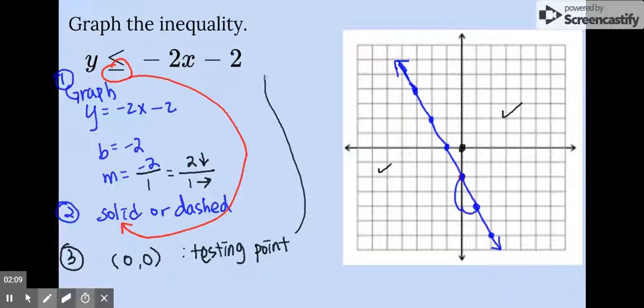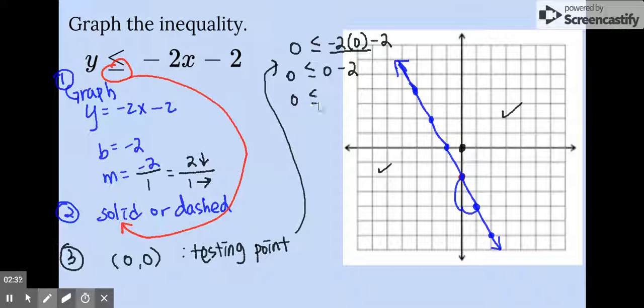So what happens if you plug in 0, 0? I'm not going to change anything. I'm going to just plug in and see if it's going to be true. If it's true, then this side is going to be the answer. If it's false, then the other side is going to be the answer, the solution. So negative 2 times 0 is 0. 0 minus 2.